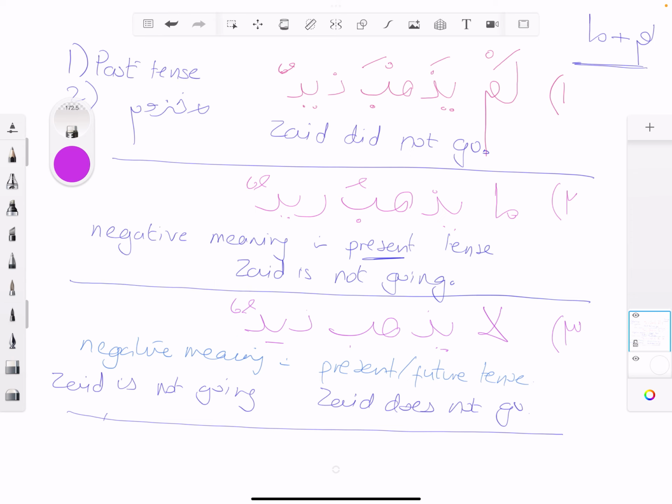And the final one is lan. It's called lan. Lan is a sort of emphasis. Allah uses it in the Quran quite a lot.